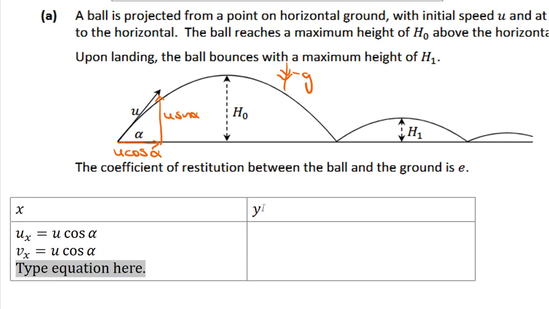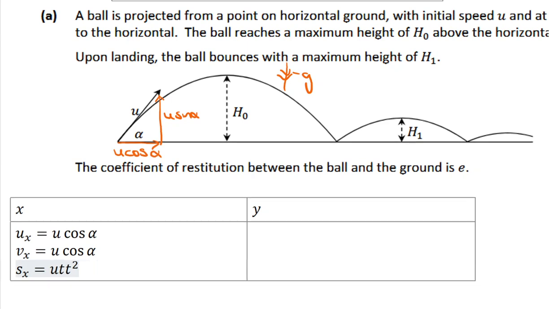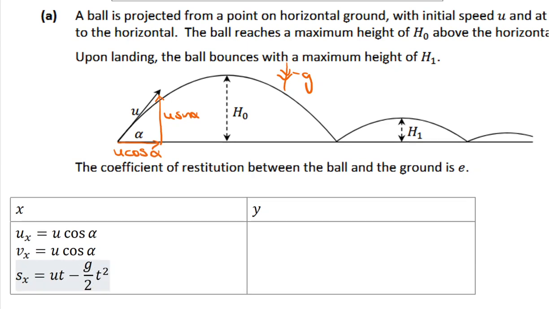Then we have sx equals ut plus a half at squared from our tables. So we know that our acceleration is gravity, so the way I would write this is minus g over 2 t squared, or gt squared over 2 if you wish, and then this is cos alpha.